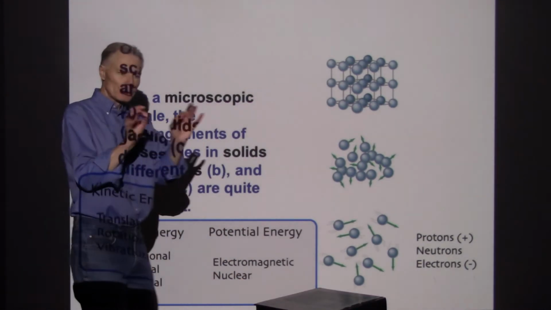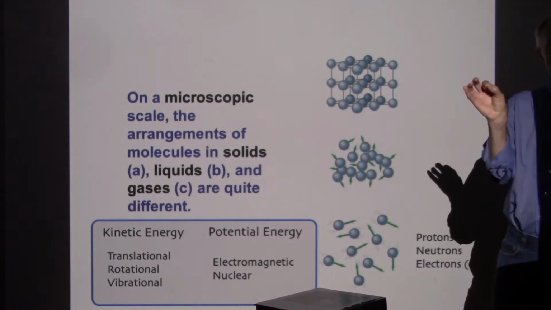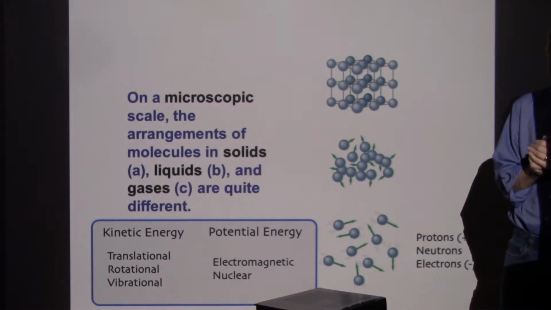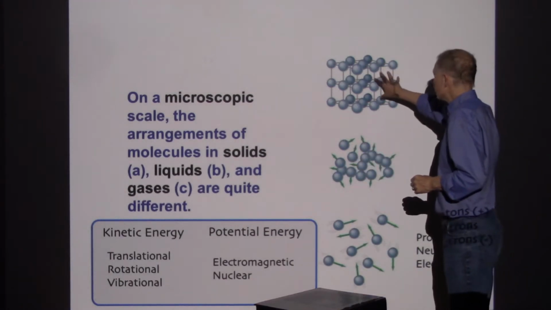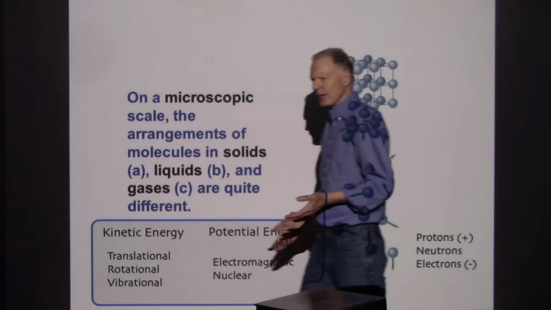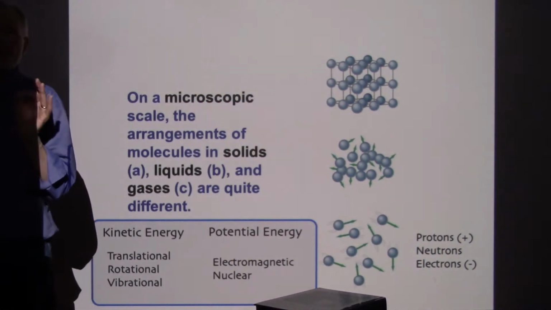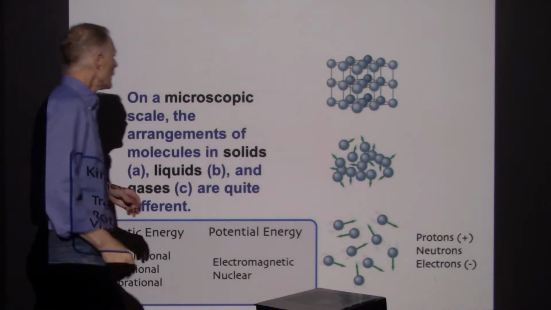Vibration, in the simplest cases, has to do with a motion of the nuclei back and forth around the chemical bond. And so vibrational energy is very important for the solids. The solids don't really have translation or rotation, but the nuclei can still vibrate back and forth within the surrounding electrons that are kind of locking them in place.